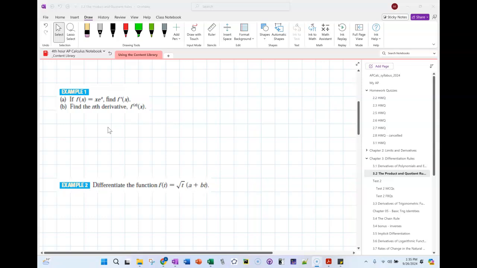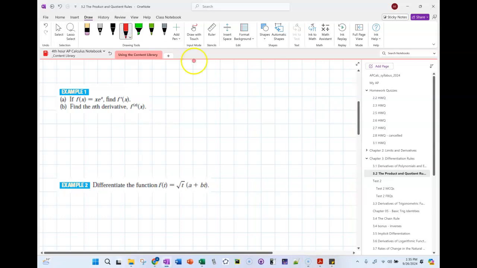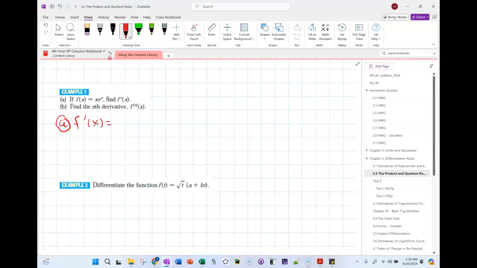So let's look at a couple of examples. If I have f of x equals x e to the x, do we see that this is going to be the product of two functions, right?